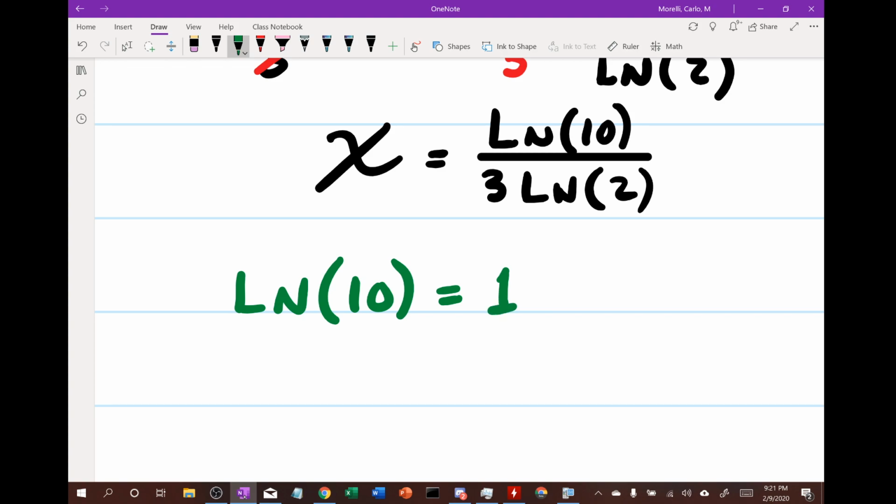So that's another little trick. If you don't remember that, you can just write in ln of 10 and the calculator will do it. But knowing that ln of 10 equals 1 can save you a little bit of time. Okay. And it looks prettier. Jasmine appreciates the aesthetics of the math.